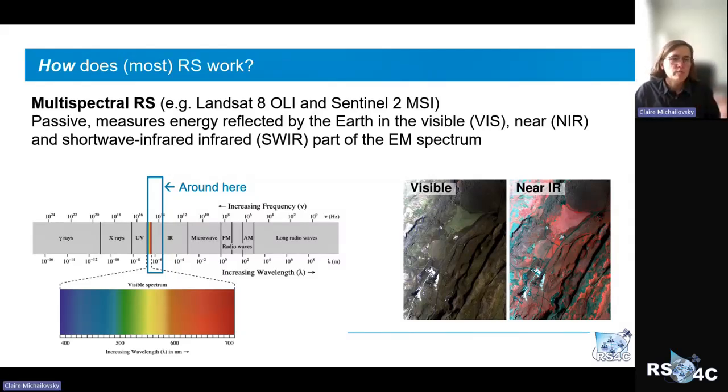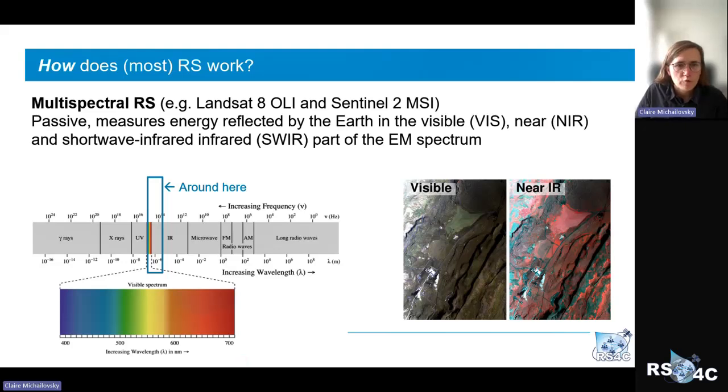The name multispectral means that we're measuring energy in multiple parts of the spectrum. Some of the most commonly used satellites, you've probably heard of the Landsat series of satellites and perhaps Sentinel-2, both carry multispectral measurement instruments.